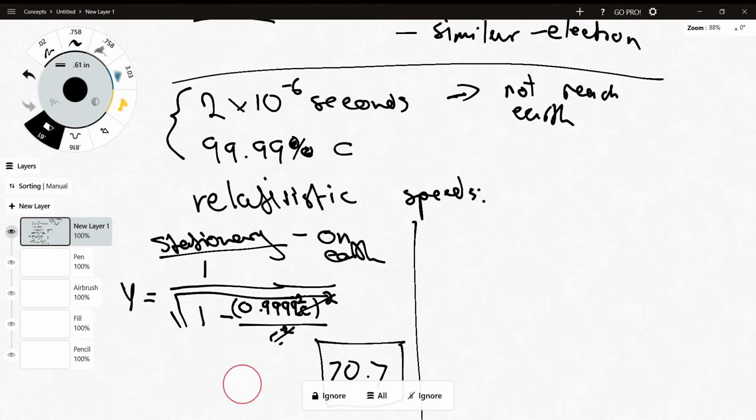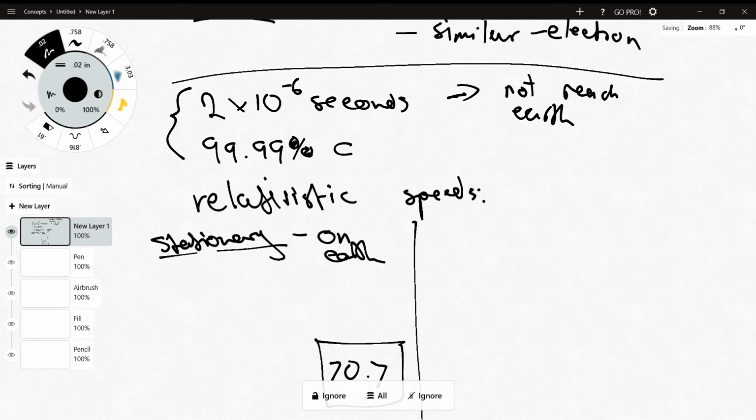So this is the proportion of time dilation, and we know that our dilated time is equal to our gamma times ordinary time, or proper time. So we have our gamma stored here, and our time is 2 times 10 to the minus 6 seconds.